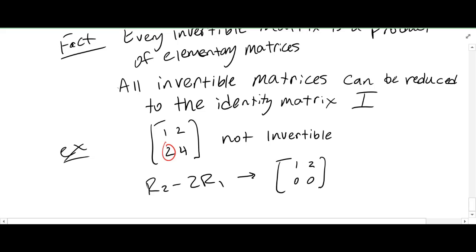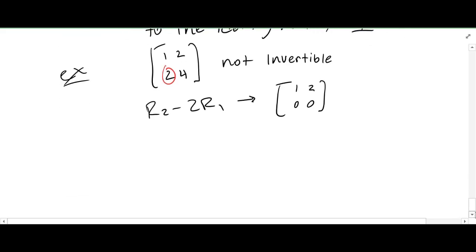So it can't be reduced to the identity matrix. Another example would be like 1, 1, 1, 1 for the same reason. Basically, if you have a matrix whose rows are a multiple of another row, or a linear combination of another row, then the matrix can't be invertible.